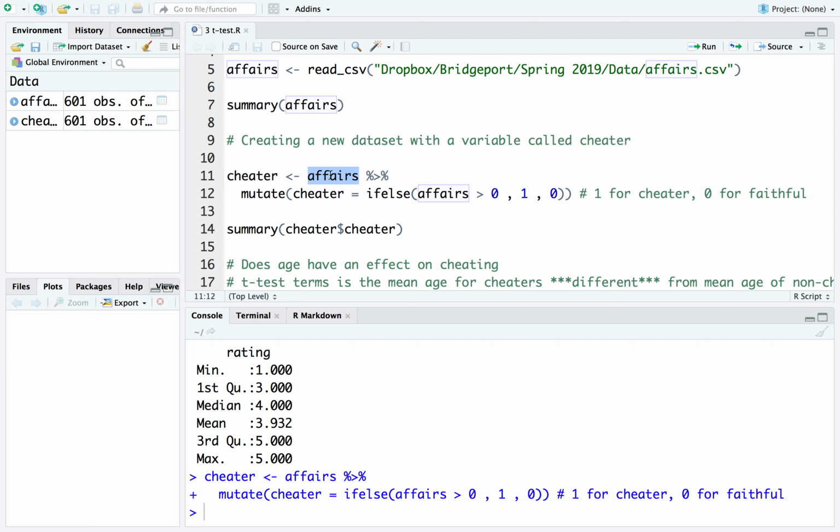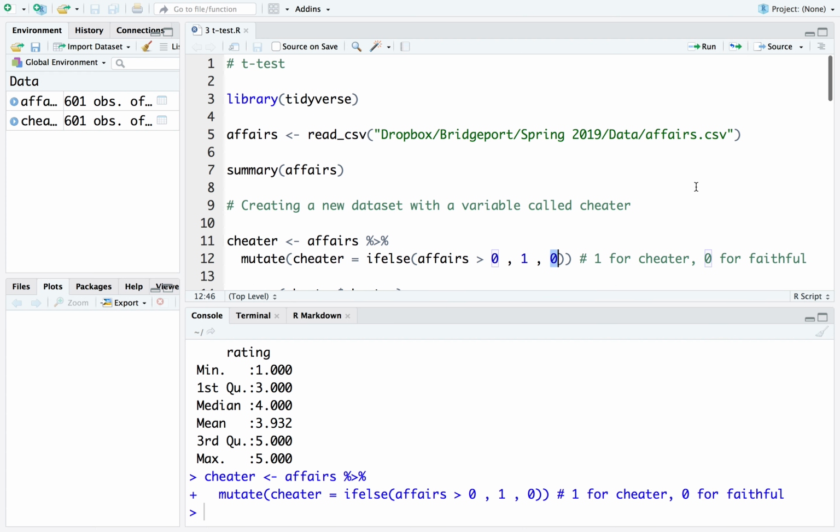It is based on the data set affairs. Then we create a new variable called cheater, which is basically affairs greater than 0. If affairs are greater than 0, we will assign a number 1, and if not, we will assign a number 0. 1 for cheaters, 0 for faithful.